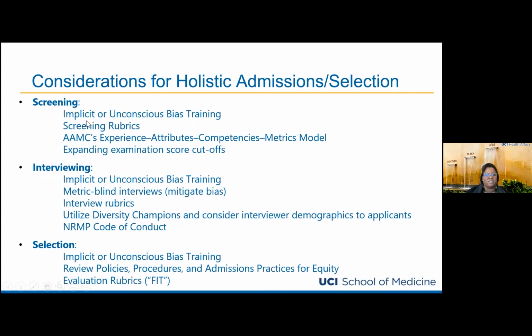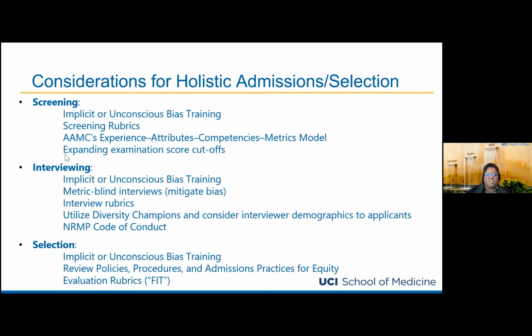Also, we utilize prompts that can help interviewers as far as things that we're looking for related to context of an individual's application and or interview. But I think there's also an opportunity for us to continue to make improvements here when it comes to rubrics for the interview process. And I challenge us to do the same consideration for the GME level.